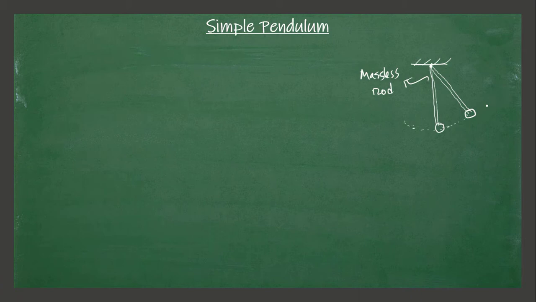Here I will take another approach, that is the energy approach, okay. So let us find out the condition at which this oscillation can be considered a simple harmonic motion by analyzing the energy of this pendulum. For that, let us redraw this diagram in its simple form.